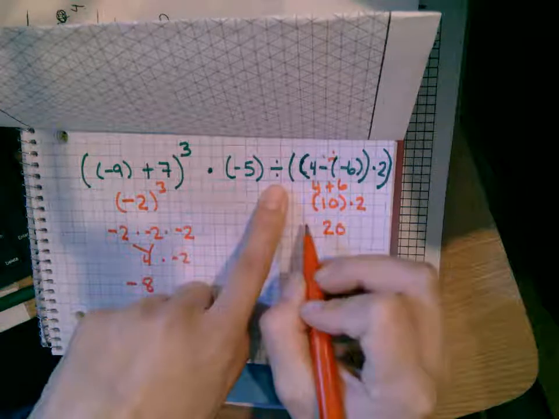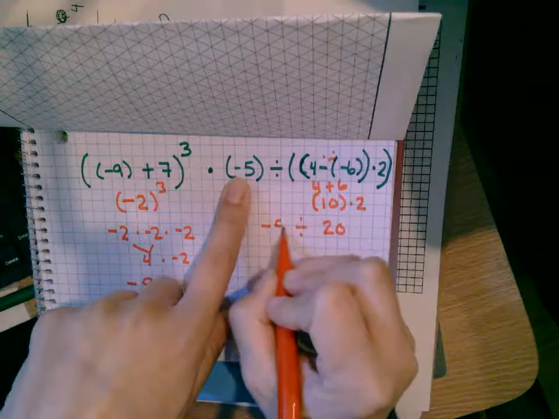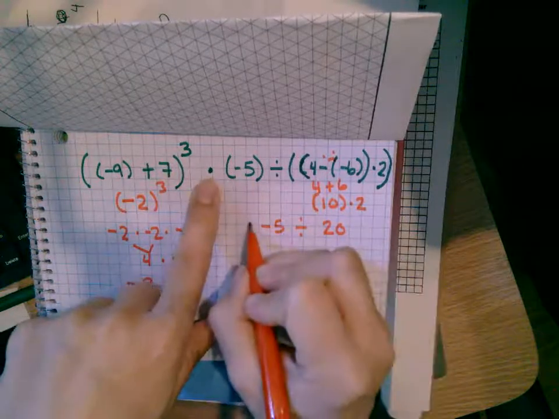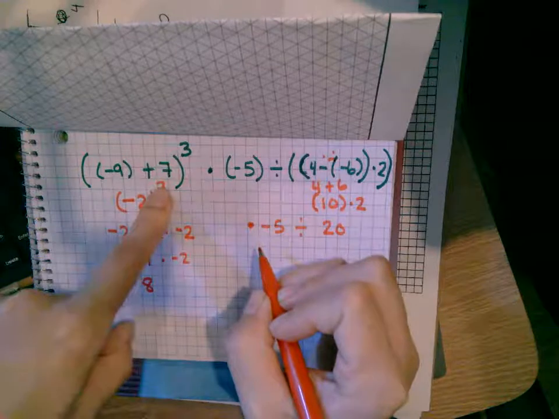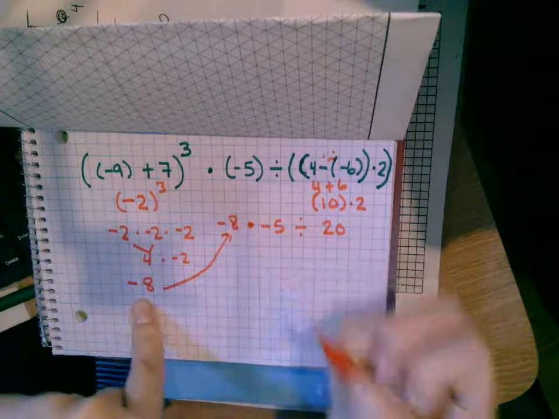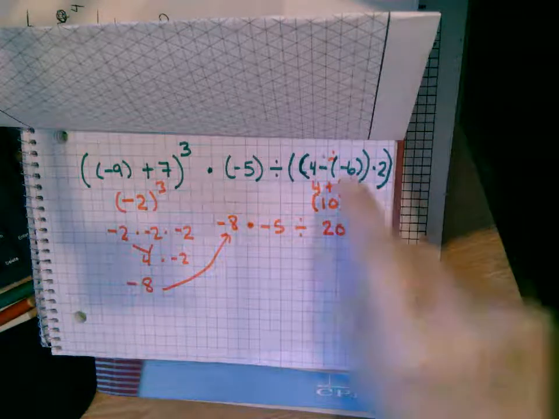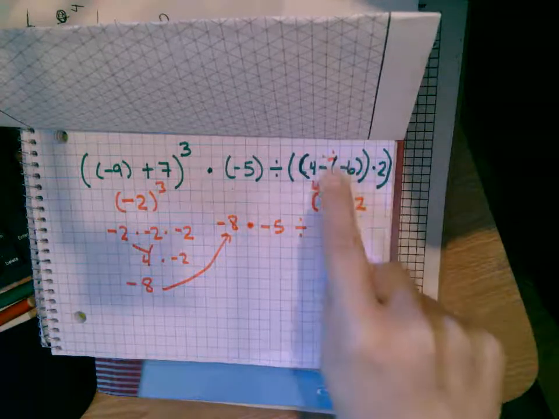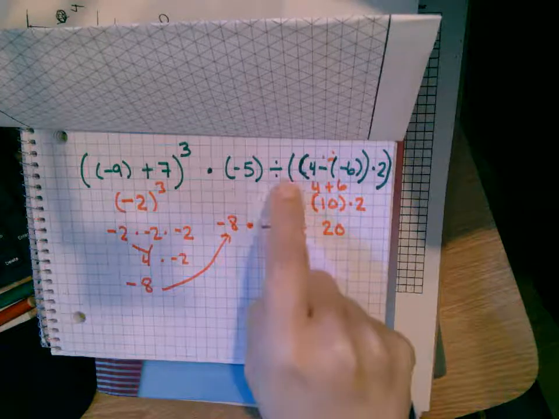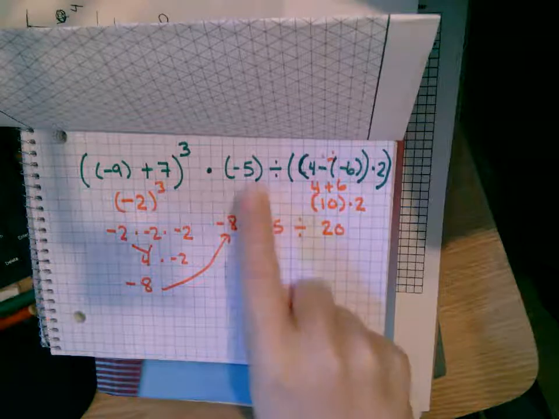Then I have a divide sign that I haven't used, and a -5 that I haven't used, and a multiplication sign I haven't used. Oh, and then what's in this? It's -8. So this set of parentheses ended up being a 20. I dropped down the division sign. I dropped down this -5.